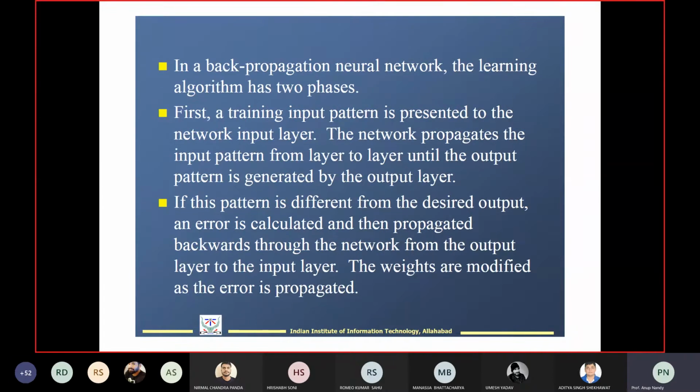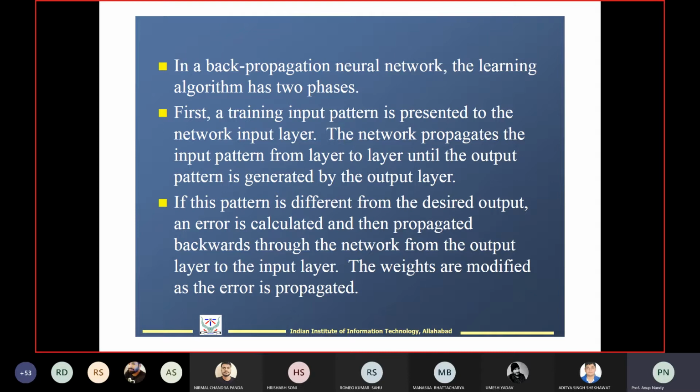Now in the backpropagation neural network, the learning algorithm has two phases. Very important. In the first phase, a training input pattern is presented to the network input layer, and the network propagates the input pattern from layer to layer, from input layer to hidden layer, then hidden layer to output layer, until the output pattern is generated by the output layer.